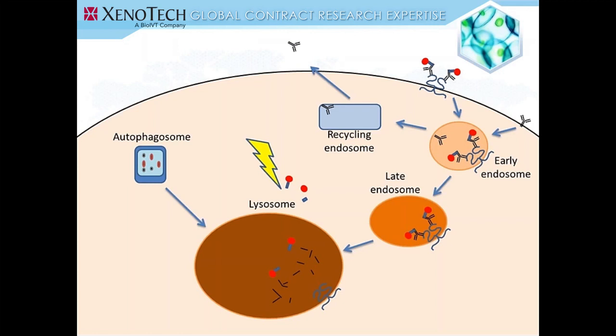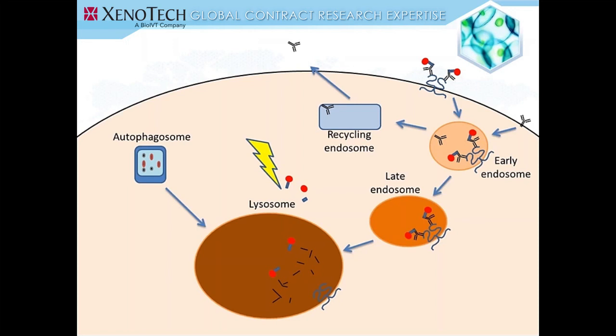Once in the lysosome, that's where these complexes meet with a lot of the degradative enzymes, the catabolic enzymes that have been designed to activate the ADCs and release the warhead. Once the warhead is released, it then needs to be trafficked out of the lysosome through transporters, and from there you'd expect the warhead to interact with the target and then cause the phenotype that we would expect.